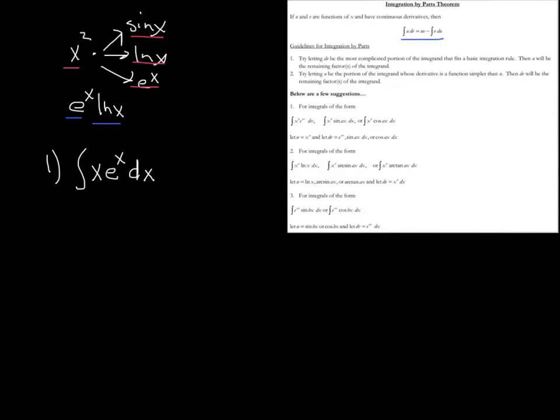So if we look at this, we see that this falls into the category that we have right here. So it looks like it's telling us when we have x to some power n times e to the ax or something, you need to let u equal the x to the n part and dv the exponential part.